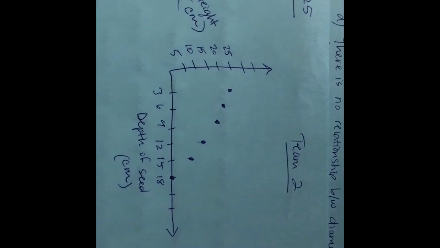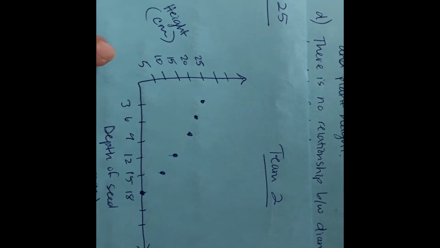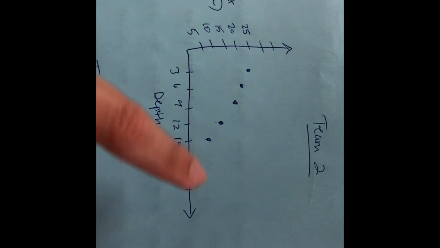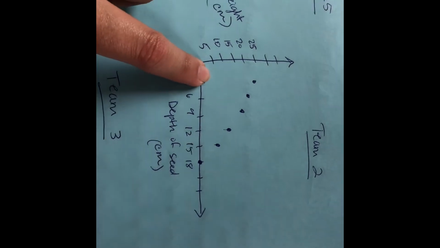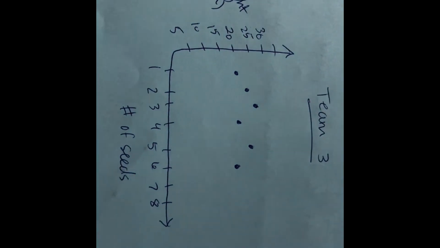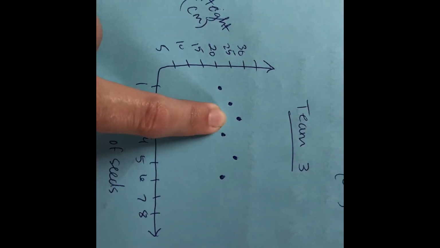So the first one for part A would be linear. For team 2, the book says nonlinear, and I could agree because it is kind of curving down. It's not a straight linear line. So that would be a nonlinear. Team 3 would be none, because there is no positive or negative association here.